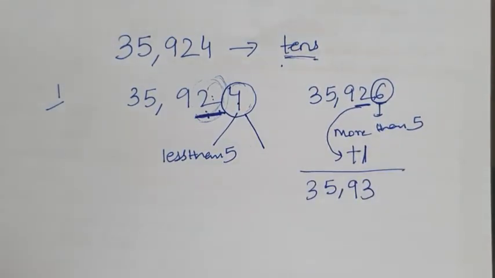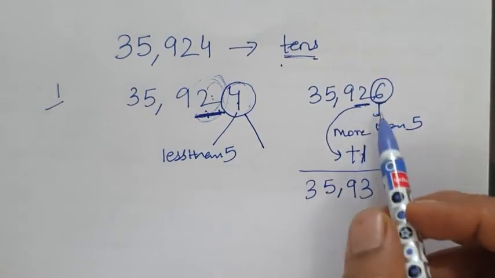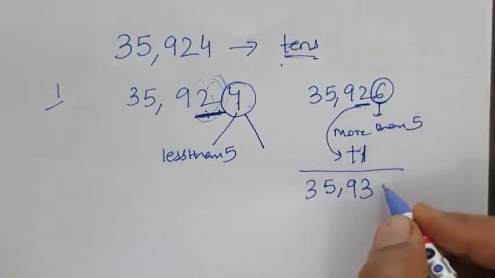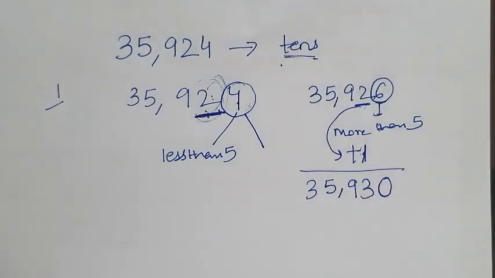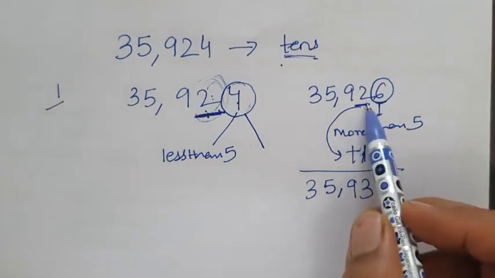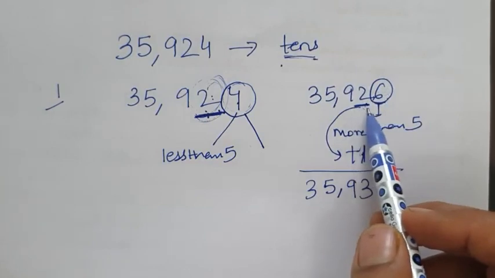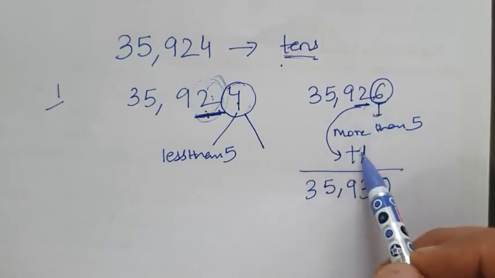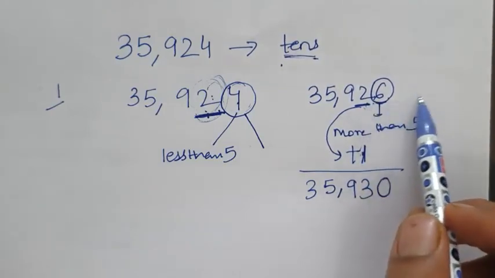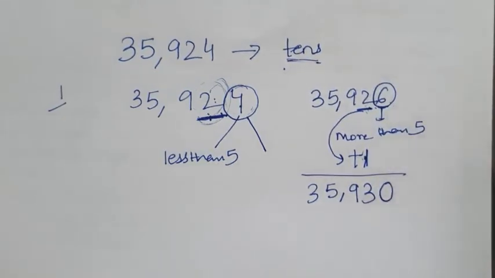Now listen very carefully to the point I am going to tell you: once we are done with the underlined digit, you will write all the digits after the underlined digit as 0. That is, remaining all the digits after the underlined digit will become 0 only.